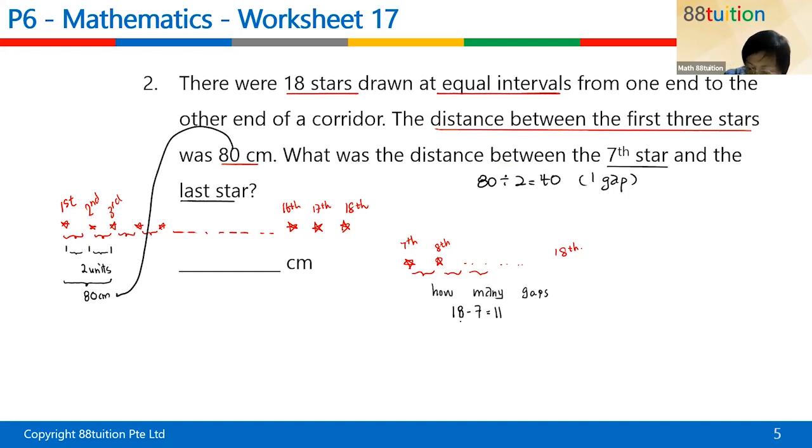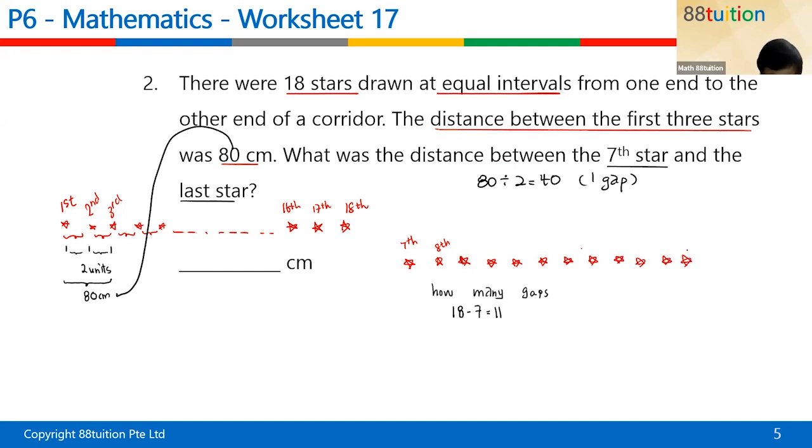Okay, so meaning if I were to technically draw everything, watch, this is 7, this is 8, 9, 10, 11, 12, 13, 14, 15, 16, 17, 18.